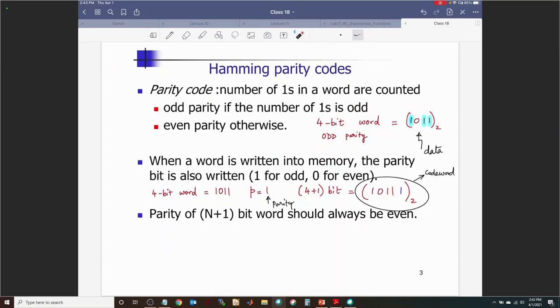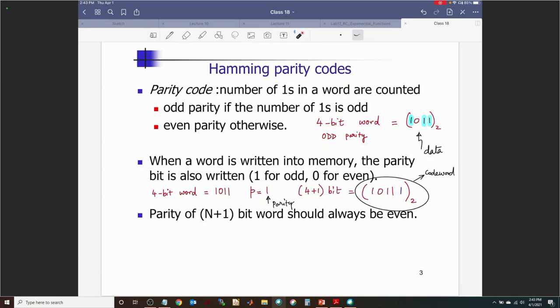If you read a code word and you see it as even parity, does it guarantee you that error has not occurred? You guys are right. It doesn't guarantee that an error has not occurred. You still may have an error. Why is that?